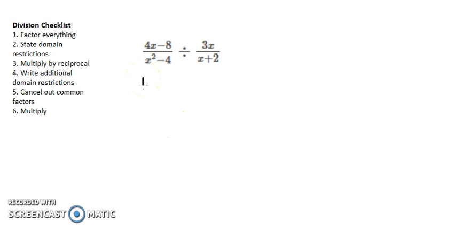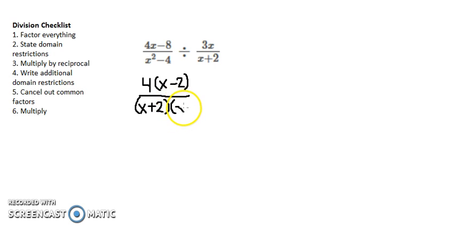Okay. So first you're going to factor. And in the numerator right here, you can factor out the 4. So you get 4 times the quantity x minus 2. And on the bottom, it's a difference of squares, so you get x plus 2, x minus 2. Try to write quickly.